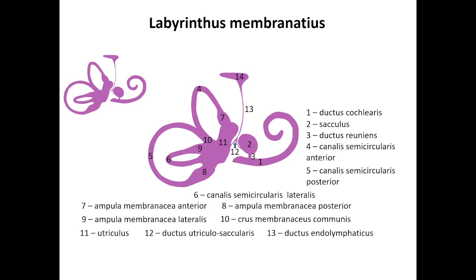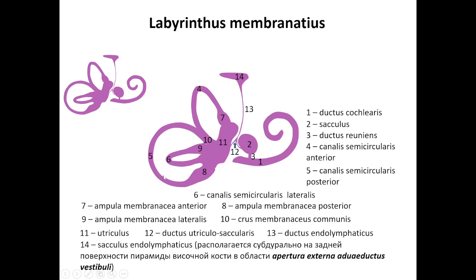Ductus endolymphaticus has a widening part, number 14, which is called saccus endolymphaticus, which is located in subdural space on the posterior surface of the pyramid of the temporal bone in the region of apertura externa aqueductus vestibuli. So we can find the structure in apertura externa aqueductus vestibuli.